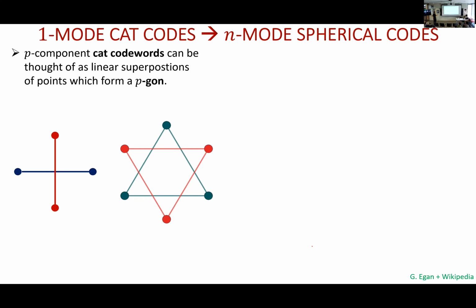So the two code words or logical basis states together form a square. Then if you now use 3 states per code word, you get 2 triangles, and this whole set of 6 equidistant states on a circle form a hexagon, vertices of a hexagon.